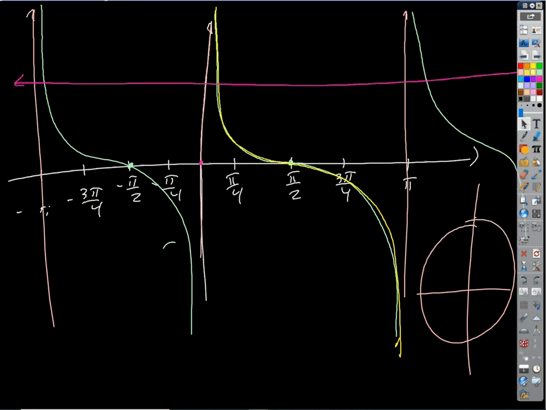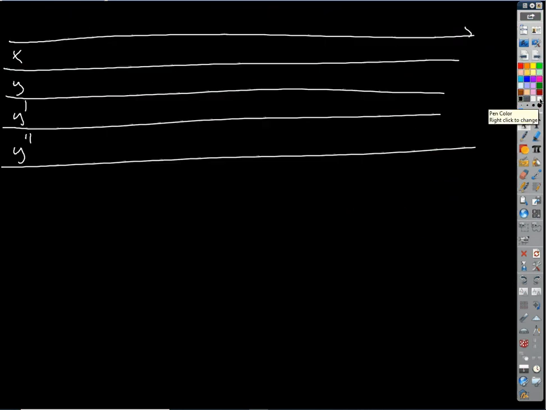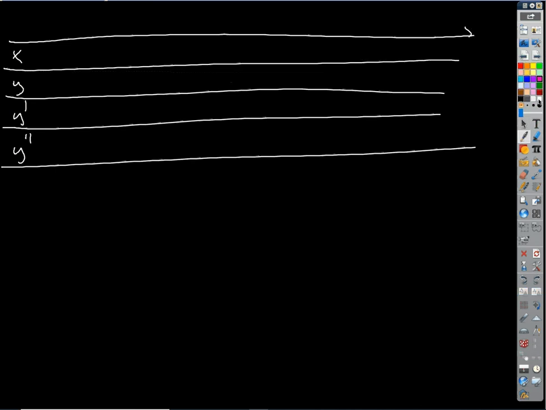So here's our, what if we just take this function on its principal domain only, from 0 to pi, when we make our table, just to make things a little bit easier. Okay? So we've got our domain greater than 0, less than pi, right?